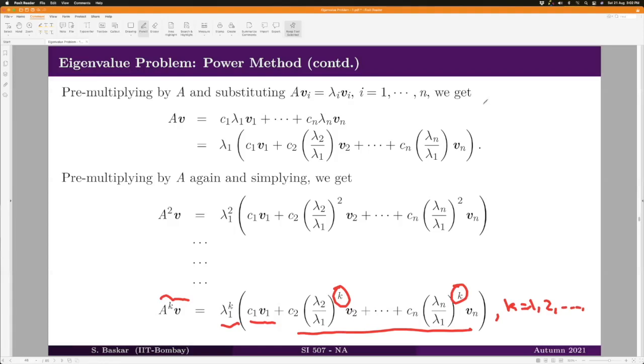We started with our representation of any vector v as the linear combination of the eigenvectors, because we assumed that the eigenvectors form a basis for Rn. And then we kept on pre-multiplying by A on both sides. And every time we multiply, we remove lambda 1 outside the expression on the right-hand side, and we finally get, at the kth level, this expression. So this is what we got.